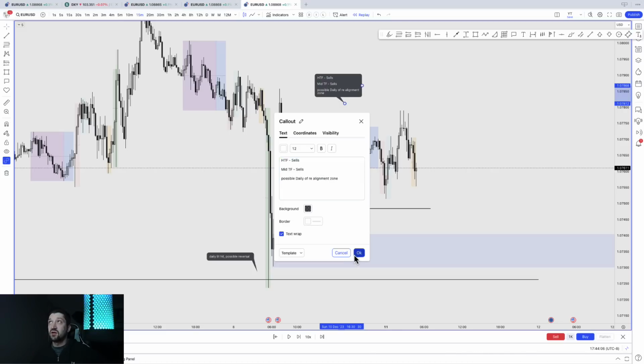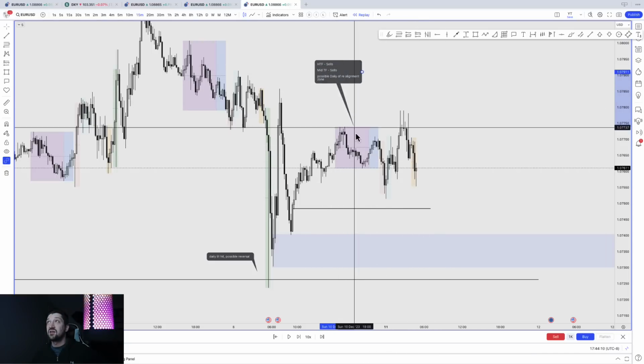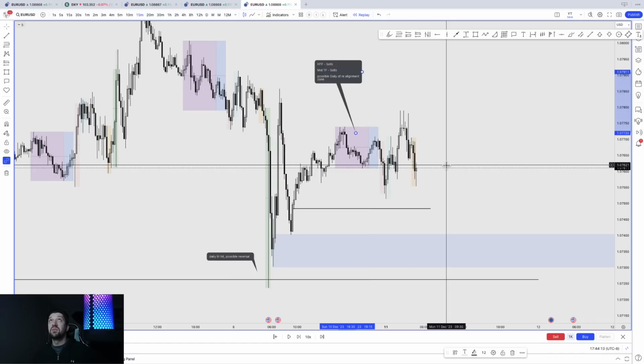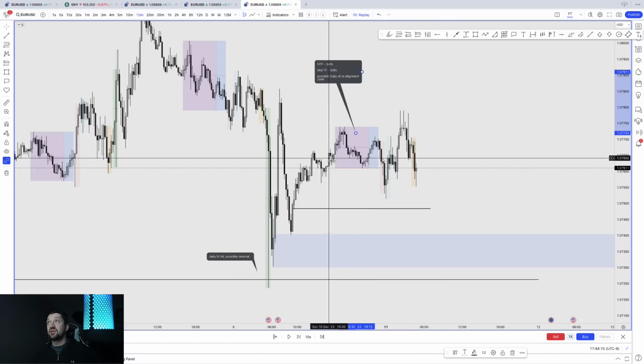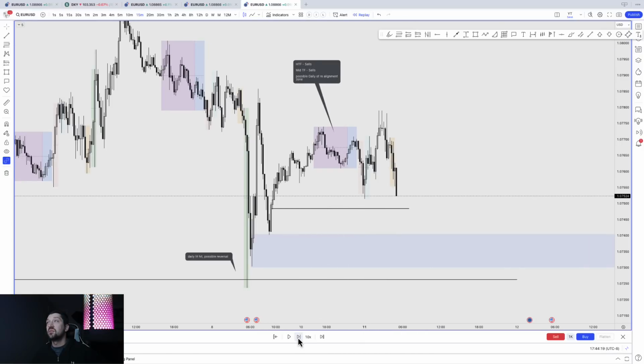So I know at some point we're going to turn bullish, so this is kind of the bias, so that goes there right away. So for me, essentially, I just need to find an entry model that works for me.